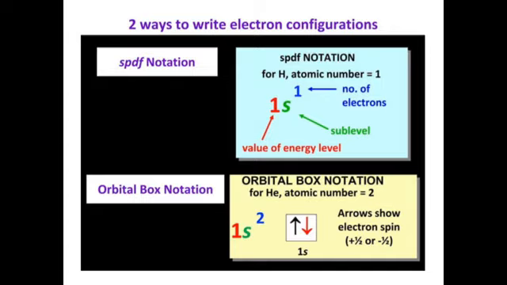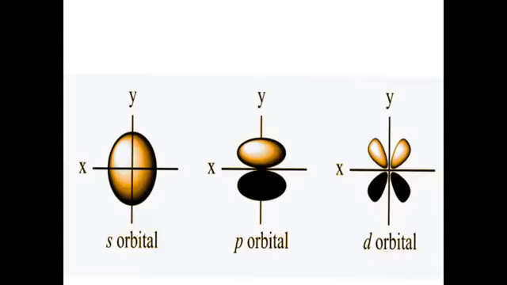This is showing us how the s orbital, the p orbital, and the d orbital look like. The s orbital is spherical, the p orbital is dumbbell, the d orbital is double dumbbell, but the f orbital is complex, and that's why it's not here. Those are the shapes of the orbitals that we are trying to study.